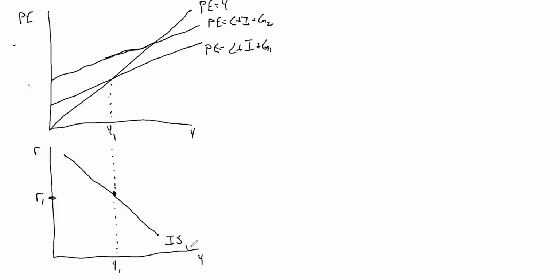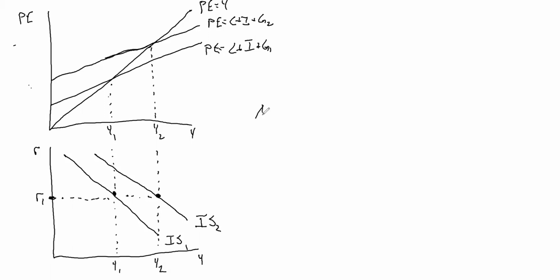And when we increase government spending, that's going to shift this entire IS curve to the right to Y2 because we're assuming that the interest rate stays constant. So we're going to shift the IS curve to Y2. So we now have IS2 with a higher level of income at each interest rate.